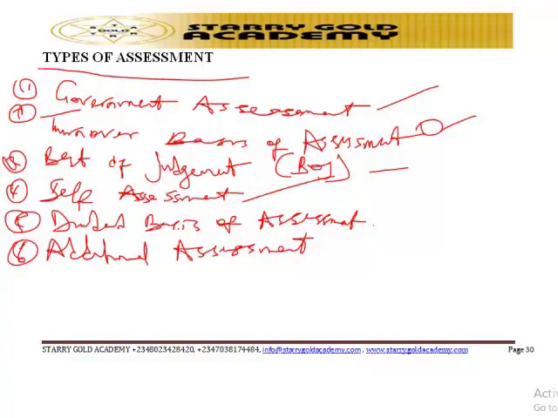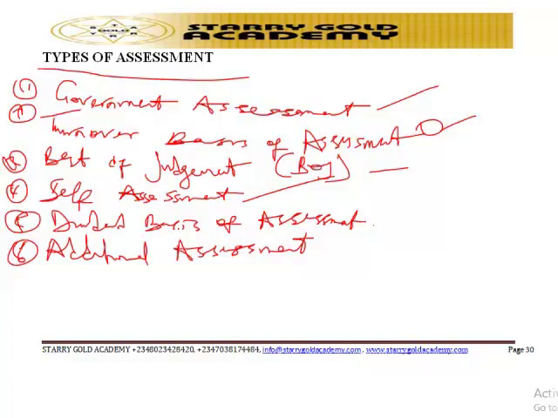Self-assessment filers are also exempted from payment of provisional tax, though this has been abolished through the Finance Act of 2019. So there's nothing like provisional tax any longer. Self-assessment filers, that is the taxpayers, may also apply for installment payment of the tax liability.